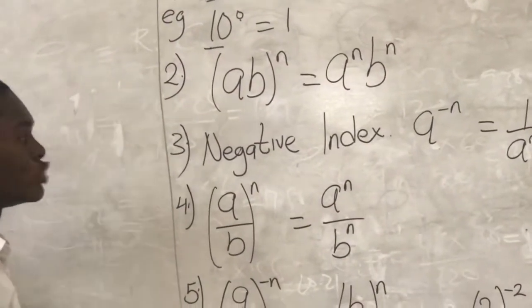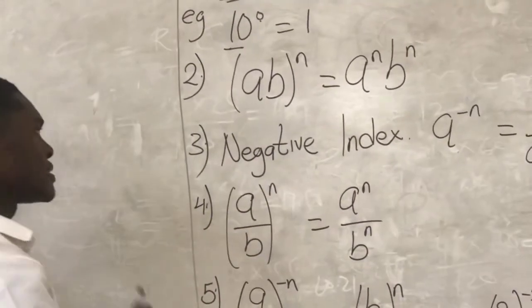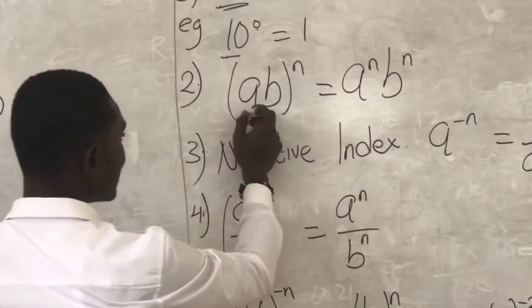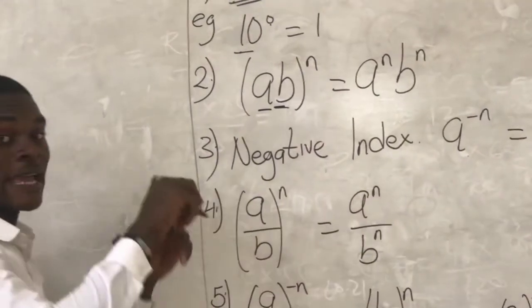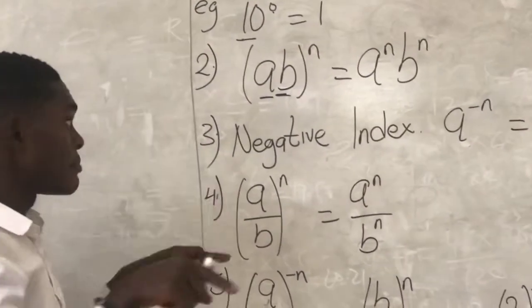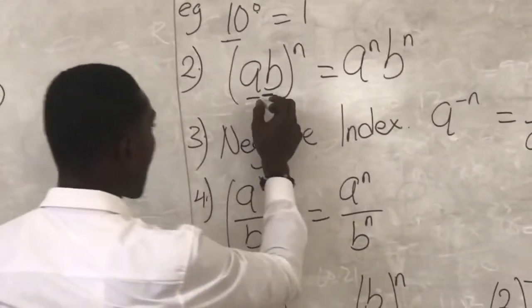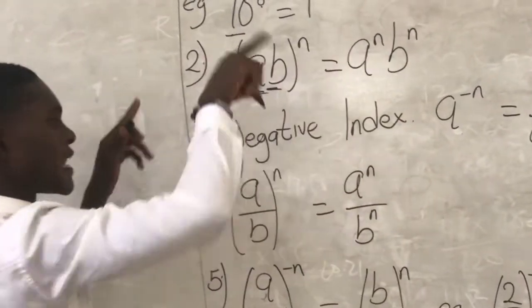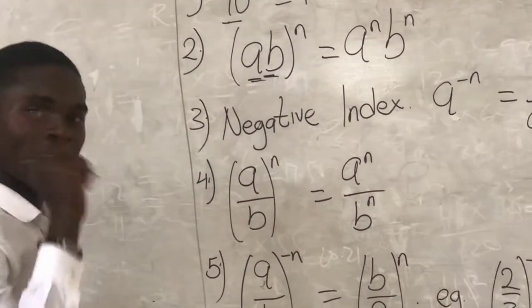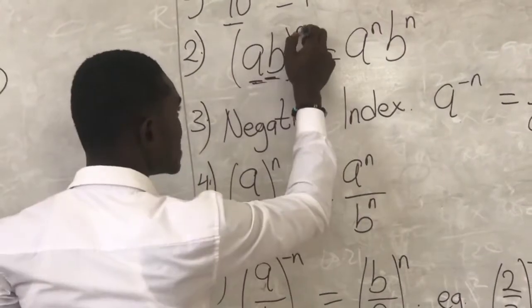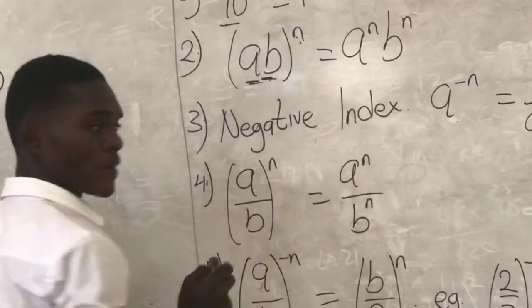Let's move on to property 2. Property 2 says that A and B are multiplying and they are in the same bracket. When A and B are multiplying in a bracket and having 1 exponent, A will take the exponent and B also will take the exponent.